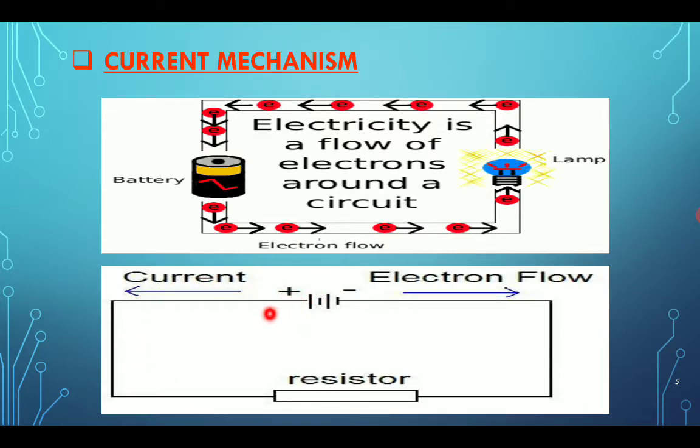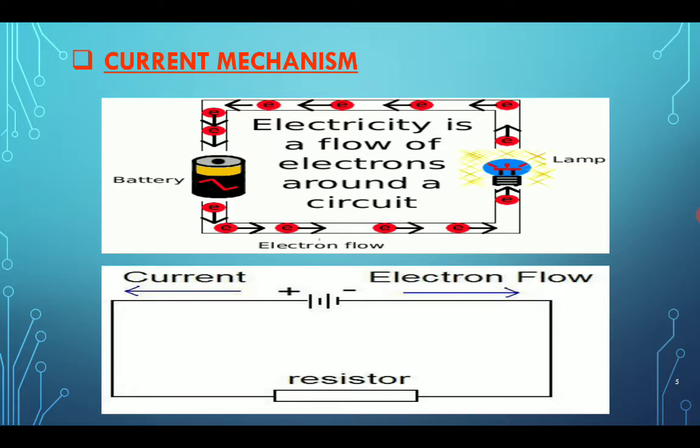But in a given circuit diagram, we represent the direction of the flow of current as from the positive to the negative terminal. This current, which is represented outwardly for a given circuit, is known as the conventional current, and its direction is always opposite to the direction of flow of electrons, although the flow of electrons is responsible for the current generation.